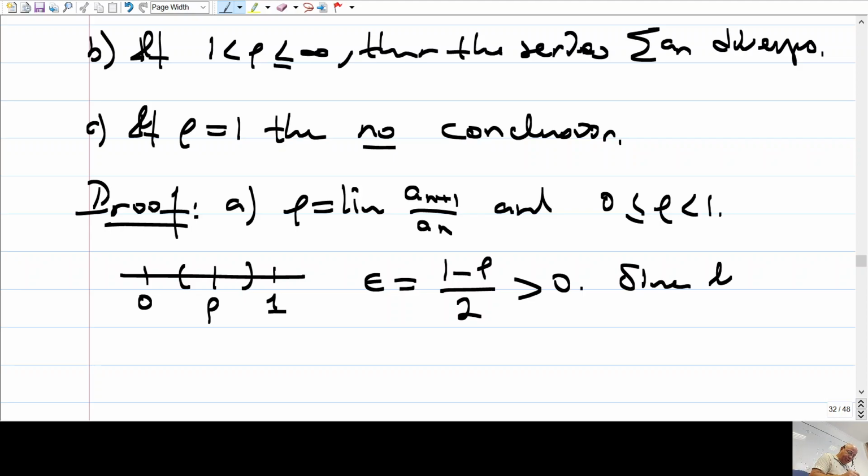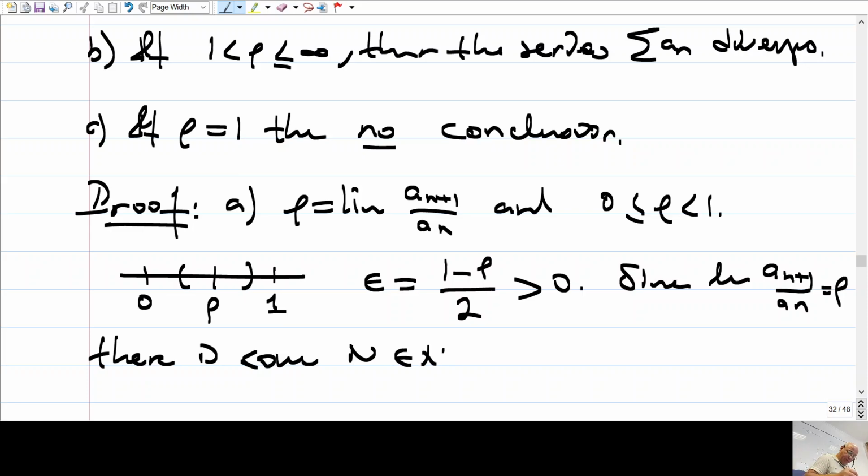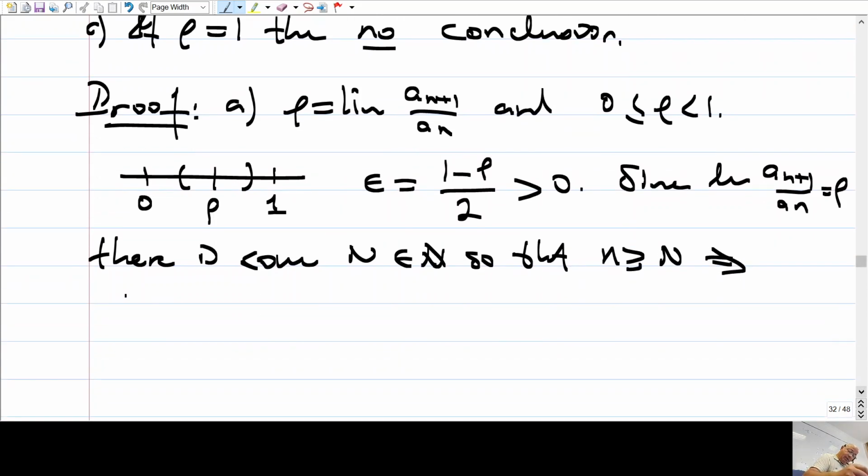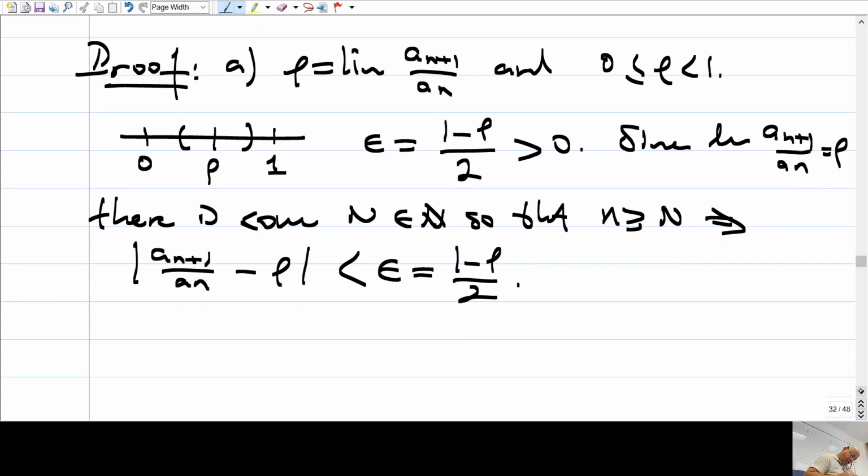Since by assumption the limit of a_{n+1} over a_n is equal to rho, there is some positive integer N so that n greater than N implies this term minus the limit is less than epsilon, which is (1 minus rho) over 2.